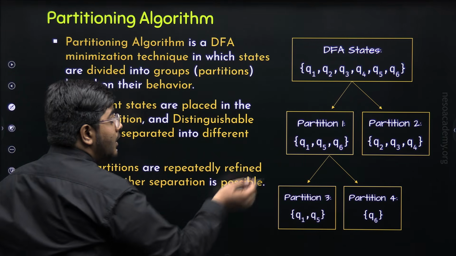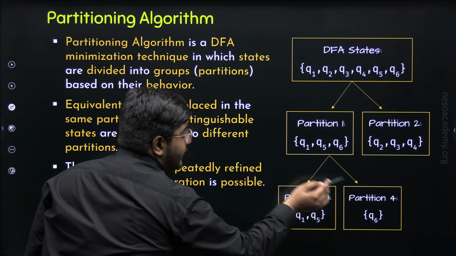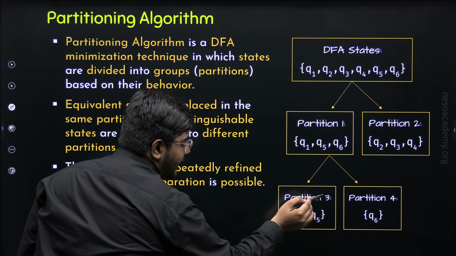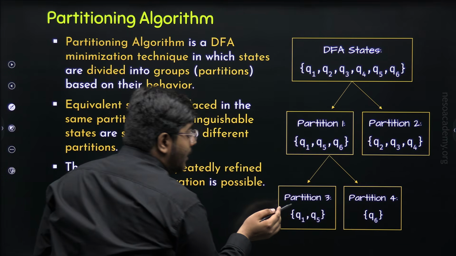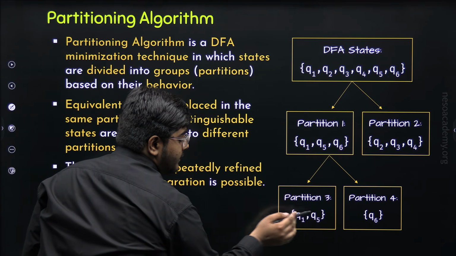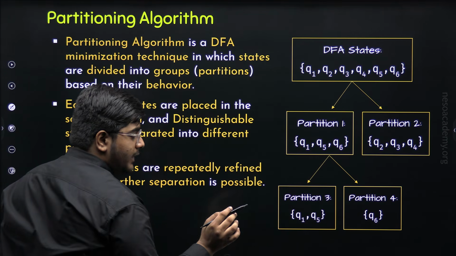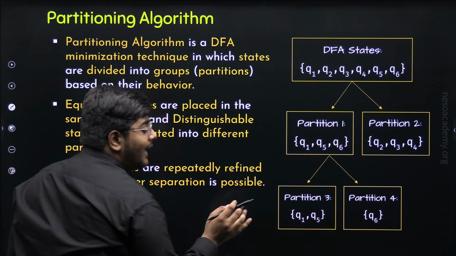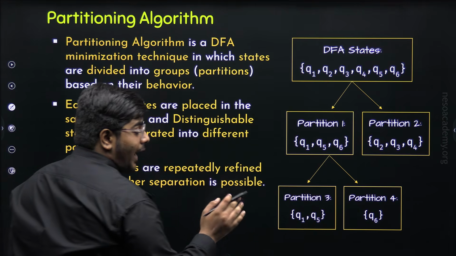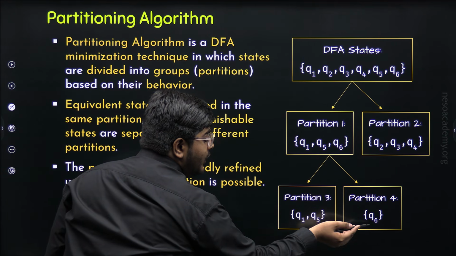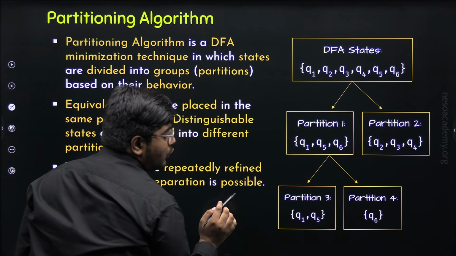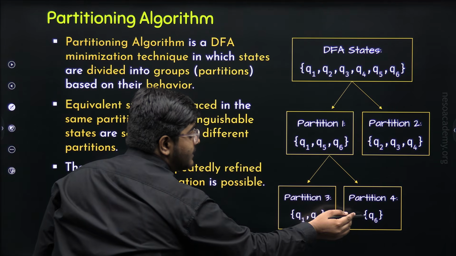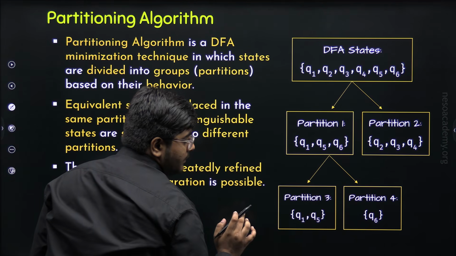For example, partition 1 is again divided into two partitions, partition 3 and partition 4. Partition 3 contains two states, Q1 and Q5, which means Q1 and Q5 are having the same kind of behavior and they are equivalent states, while Q6 is a distinguishable state from Q1 and Q5. That is why it has been placed under a different division.